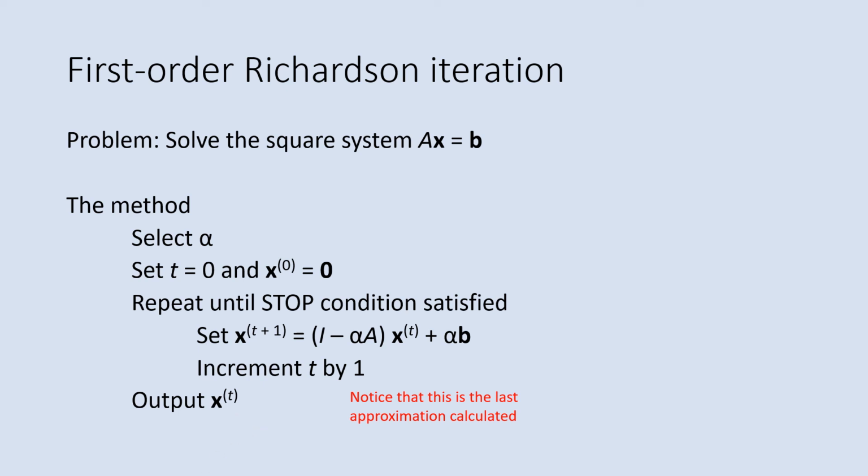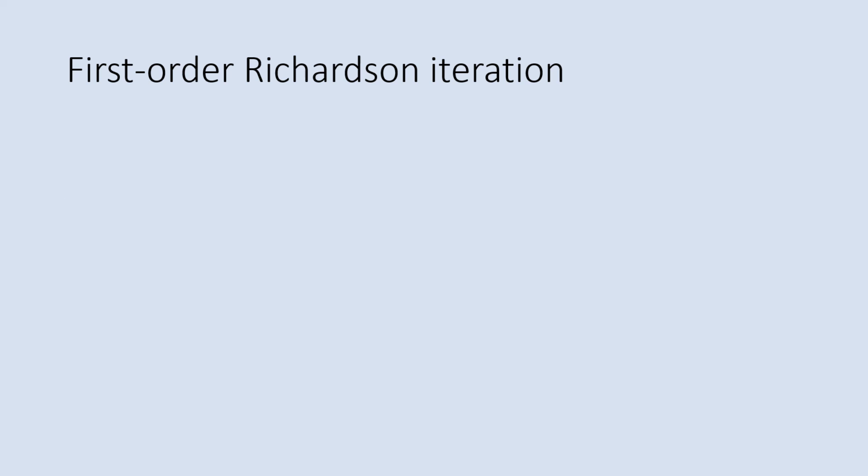And so this method of the first order Richardson iteration will give us, at least if the matrix A is not overly susceptible to minor variations, a solution that converges in a reasonable amount of time.